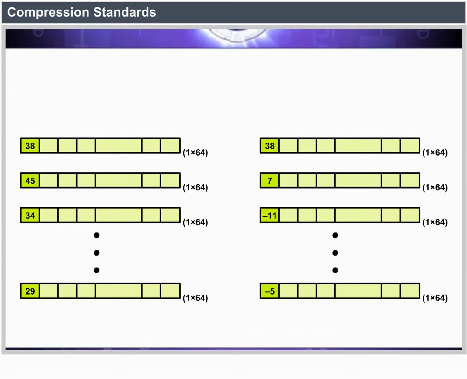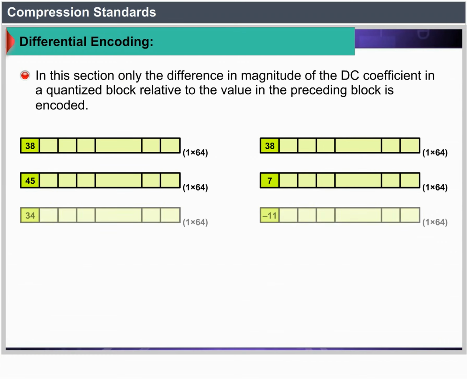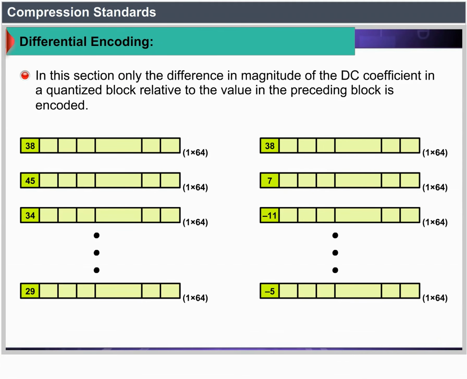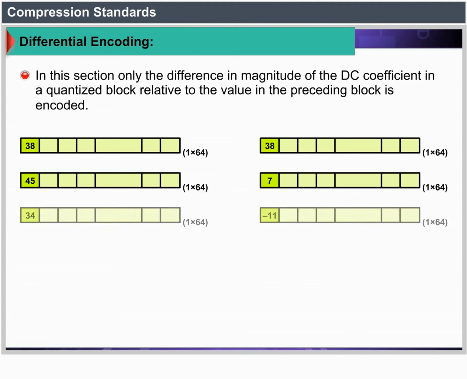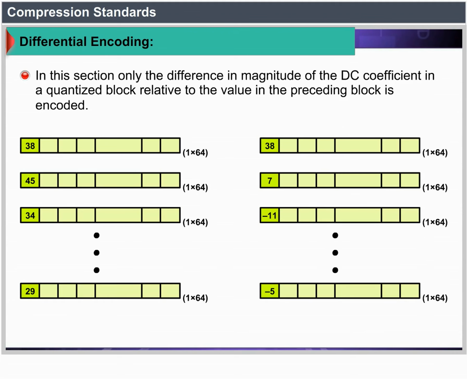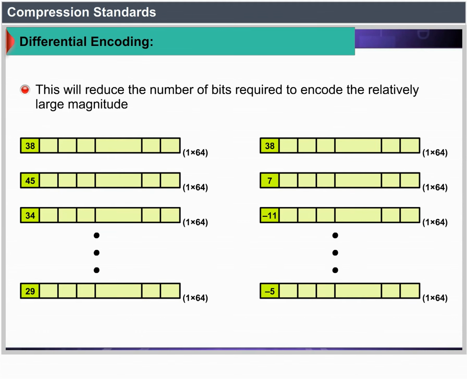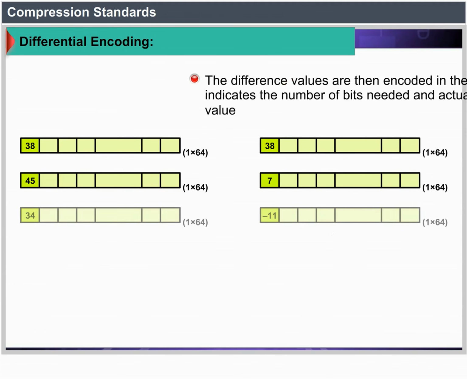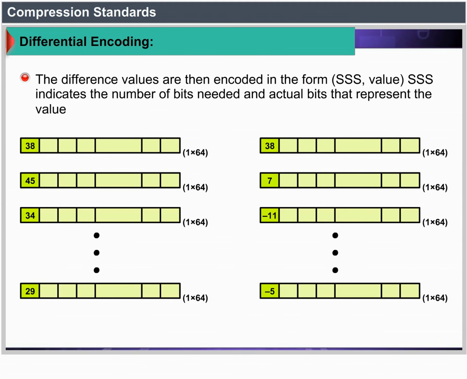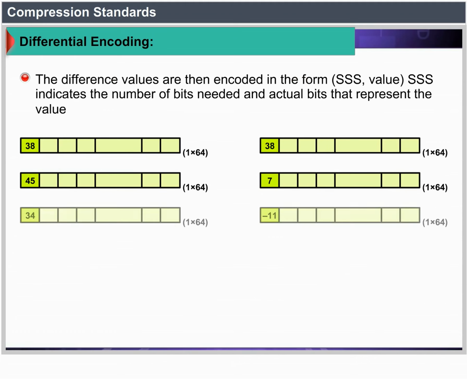Differential encoding. In this section, only the difference in magnitude of the DC coefficient in a quantized block relative to the value in the preceding block is encoded. This will reduce the number of bits required to encode a large magnitude. The difference values are then encoded in the form SSS, value.